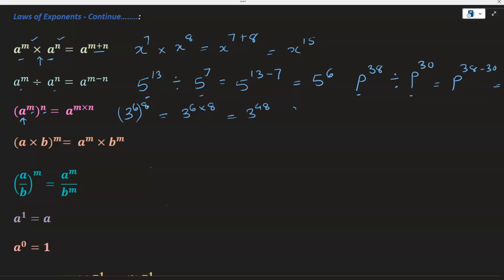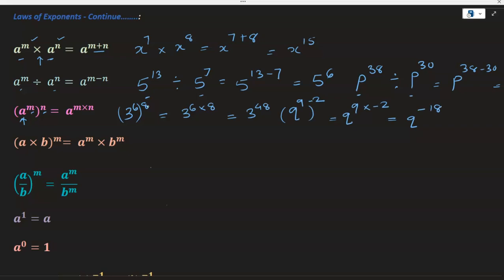Let us say I have q to the power 9 to the power 2, or let us take some negative power, say minus 2. So this would be equal to q to the power 9 into minus 2, and you very well know 9 into minus 2 is minus 18.